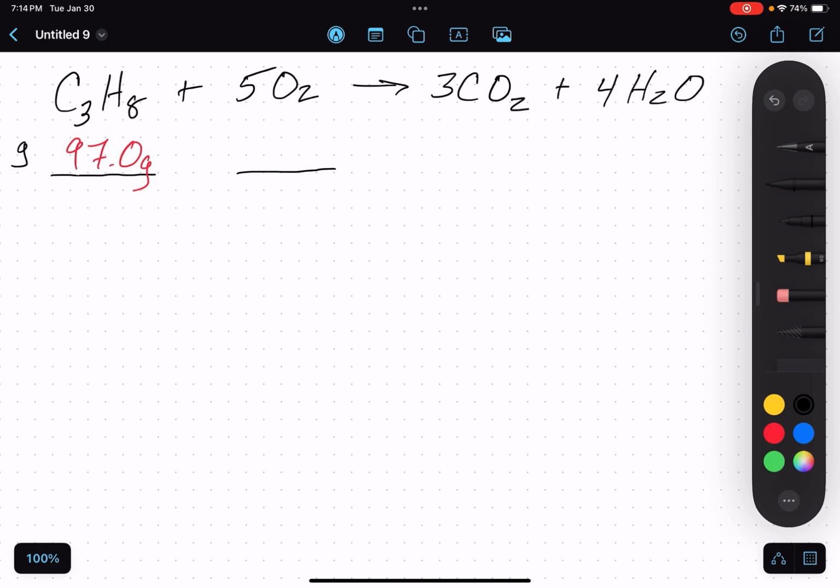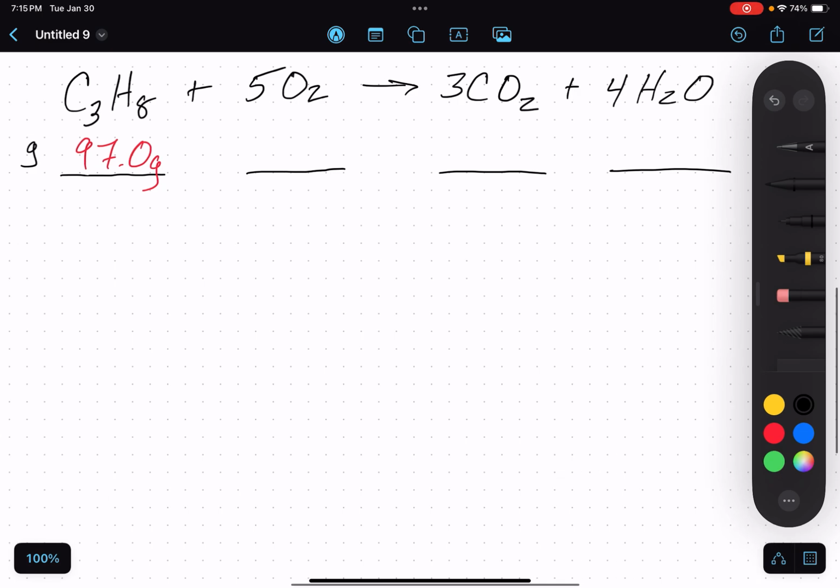I'm not sure if you needed the mass or the moles, so guess what? We're going to do both, all right? And if I messed up on the molar mass of the materials here, just let me know. I can work on it again. So the traditional method. Let's first solve for this one first, then this one second, this one third.